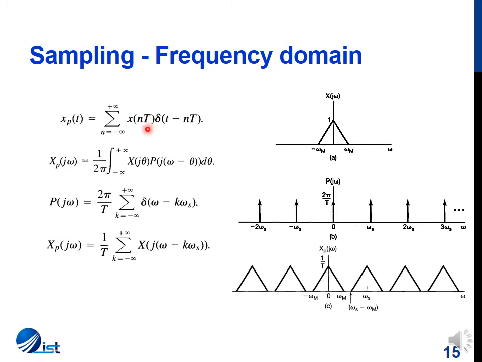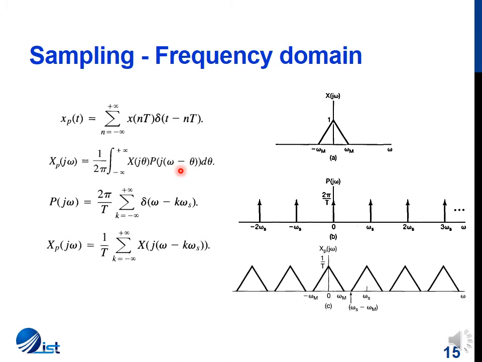Now in the time domain, our signals are being multiplied. What happens in the frequency domain is that convolution in time is multiplication in frequency, and vice versa. By duality, multiplication in time is convolution in frequency.